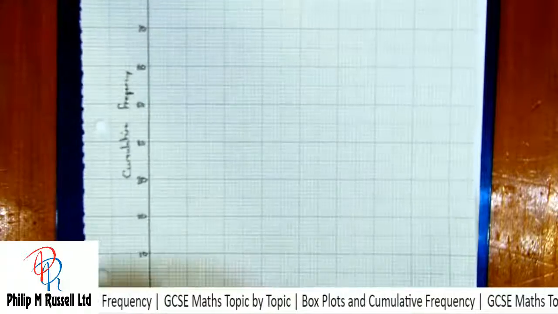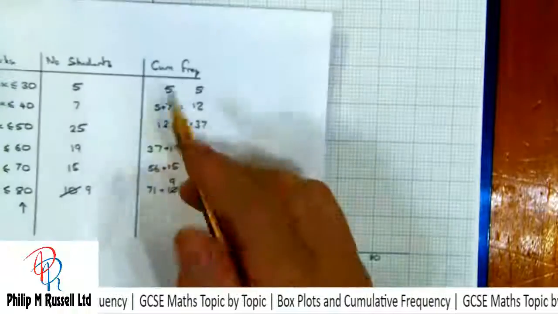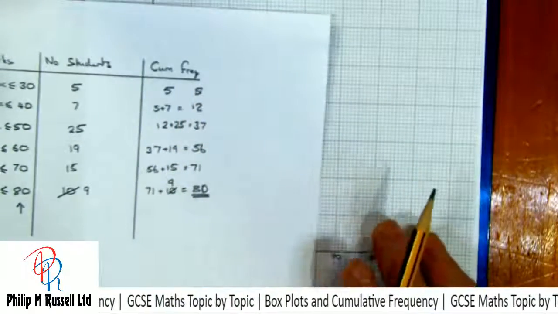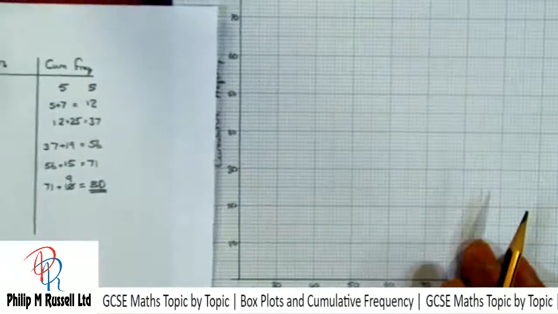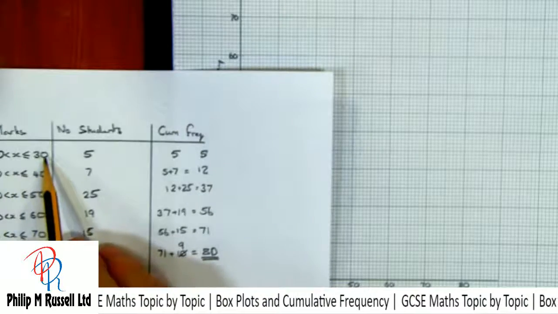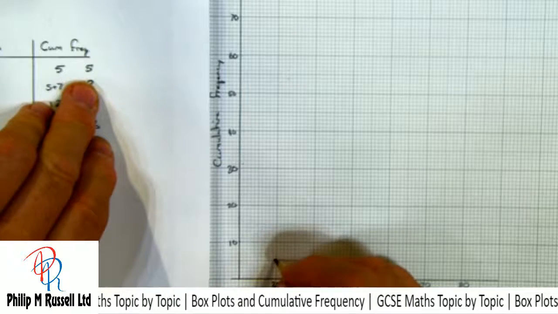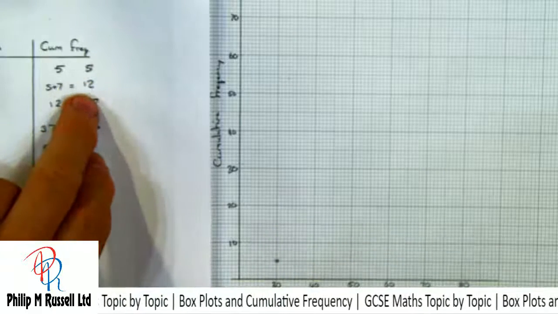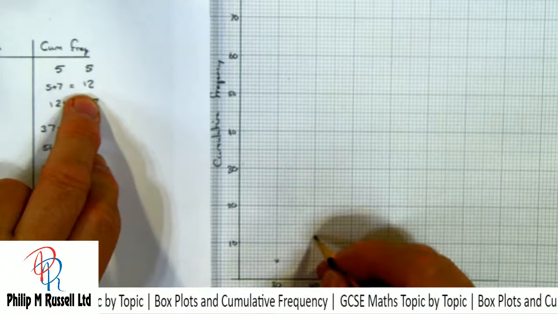So let's draw this out, and what I'm going to do is put the graph paper underneath, and that gives me these numbers so we can have a look and see what they're going to be. So my first number then for my 30 is going to be 5. So we can plot that on the graph. My next one for my 40 is going to be 12.